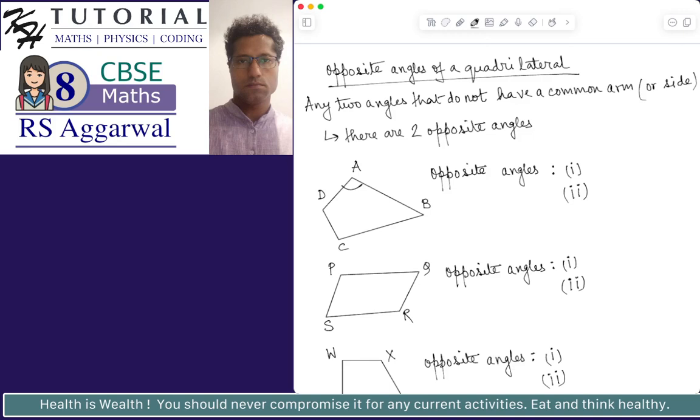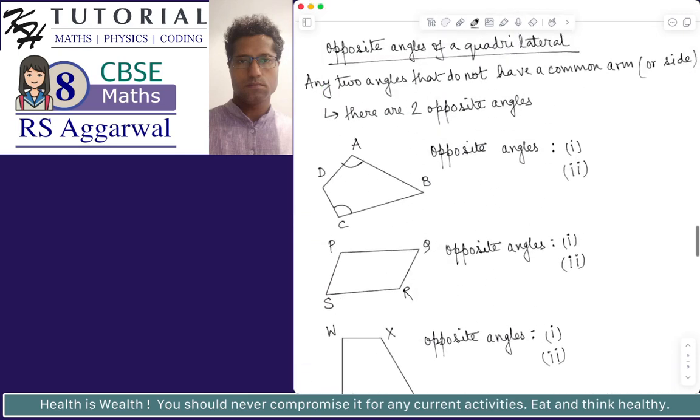And we know that vertices A and C are opposite vertices. So therefore, angle A and angle C will also be opposite angles. You can understand it this way: two opposite vertices make a pair of opposite angles.